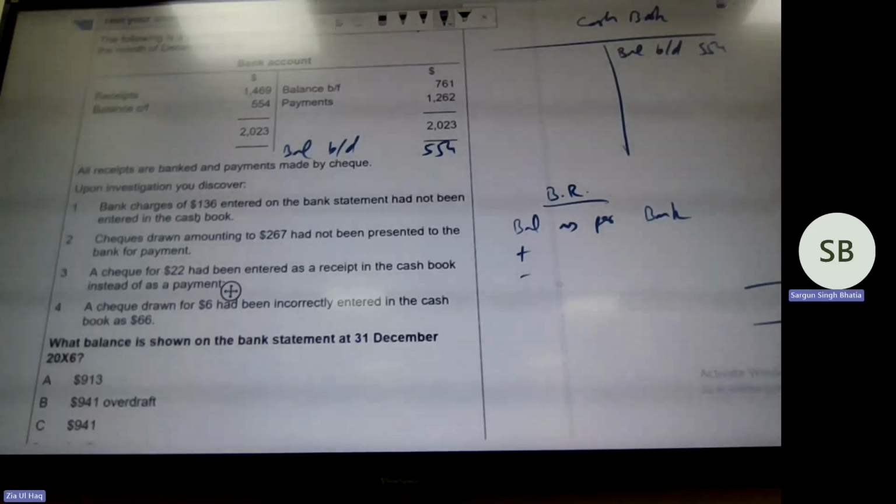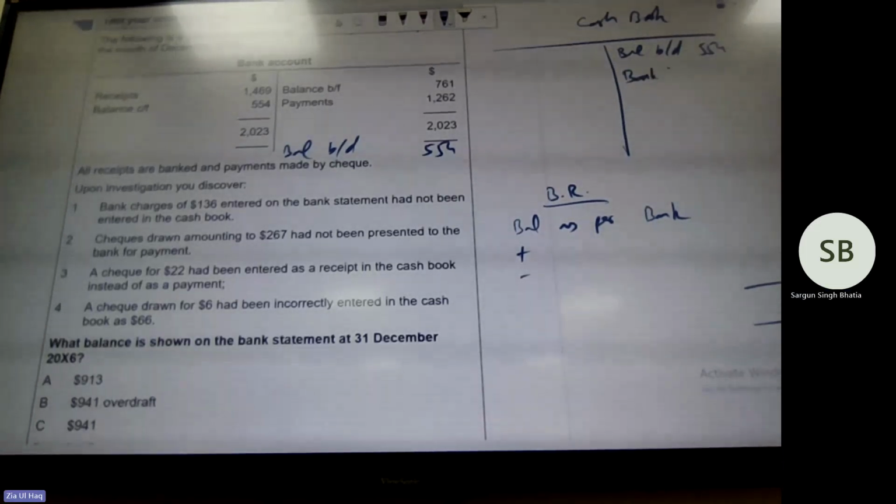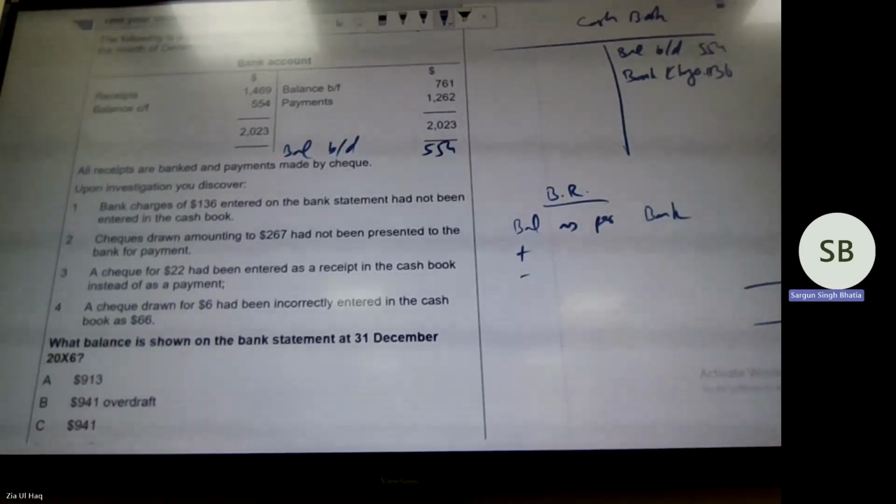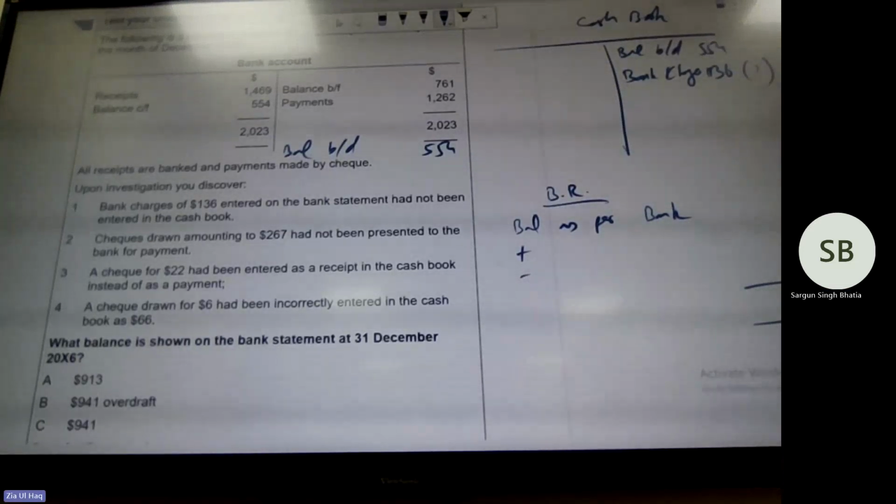Bank charges, it's our mistake. This means we need to record this into the cash book. How much? 136, on the credit side of the cash book as bank charges.